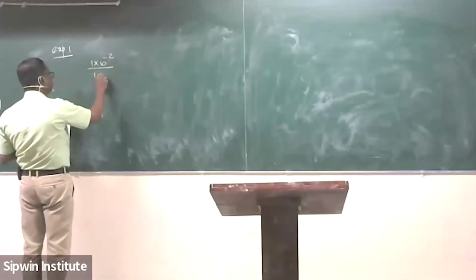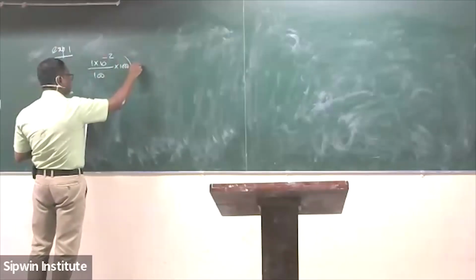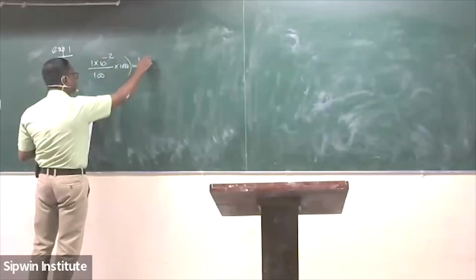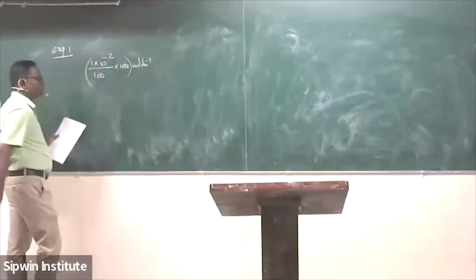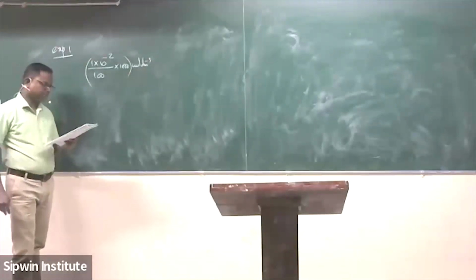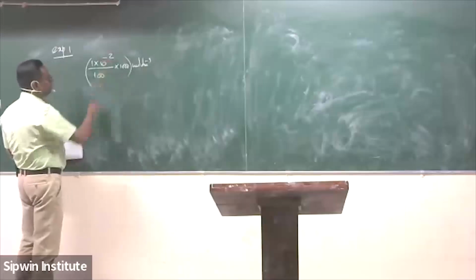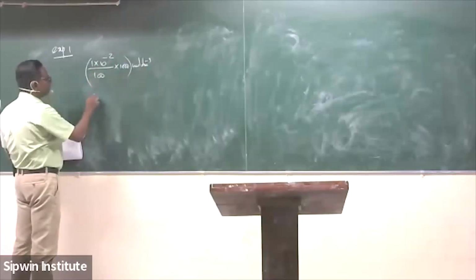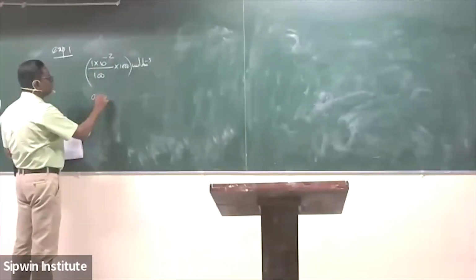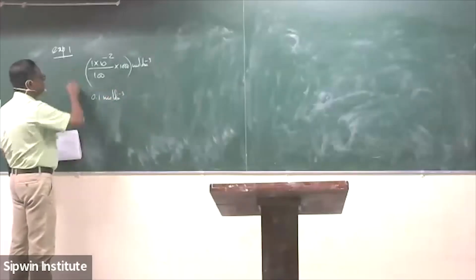This much in 100, therefore in 1000, moles per cubic decimeter. You can take it like that. Then 10 with that one minus 1 remains, so 0.1 moles per cubic decimeter. That is for experiment 1.